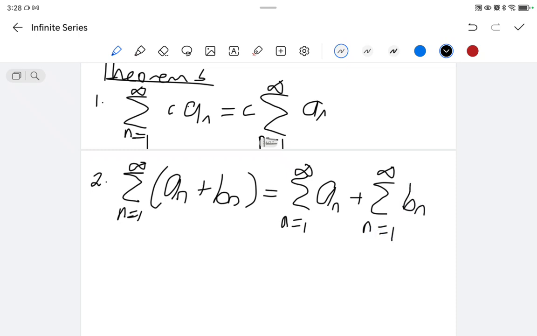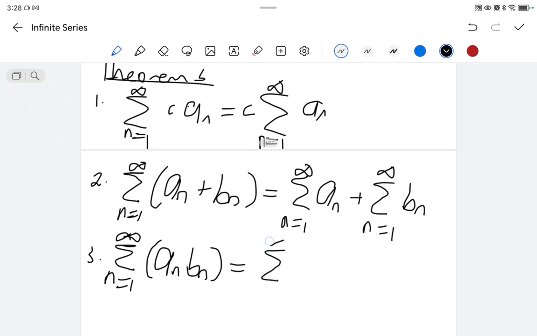Then again, if we have the summation from n equals 1 to infinity of a of n times b of n, this will be the summation of a of n times the summation of b of n.